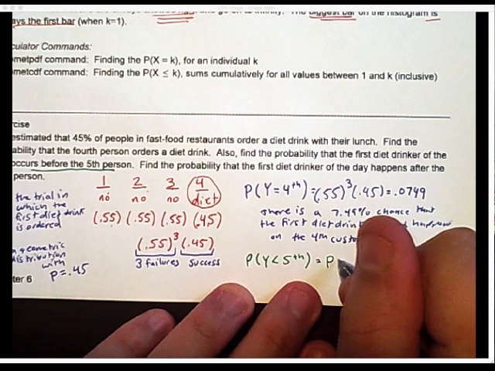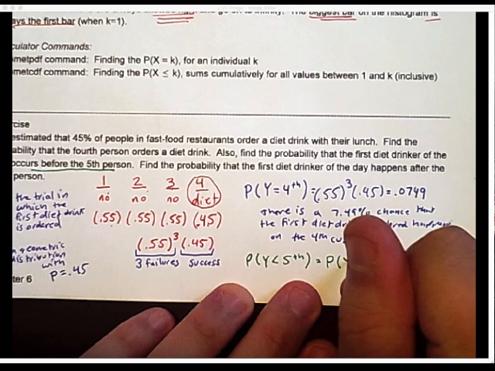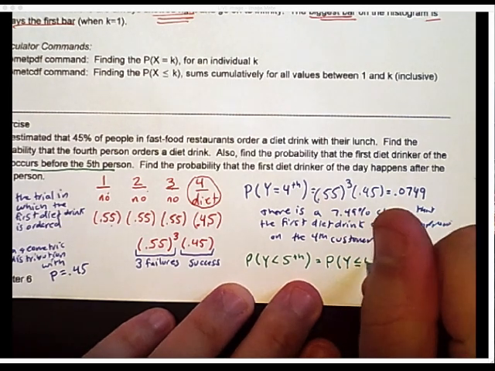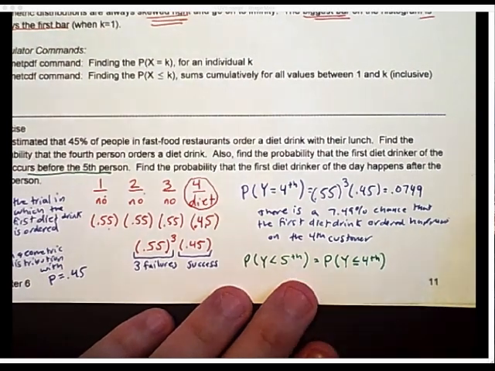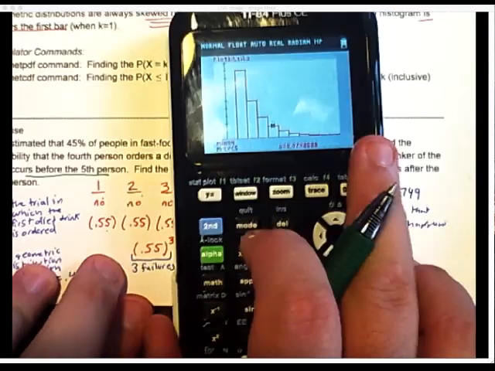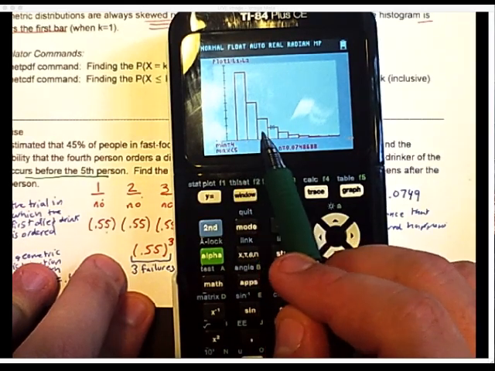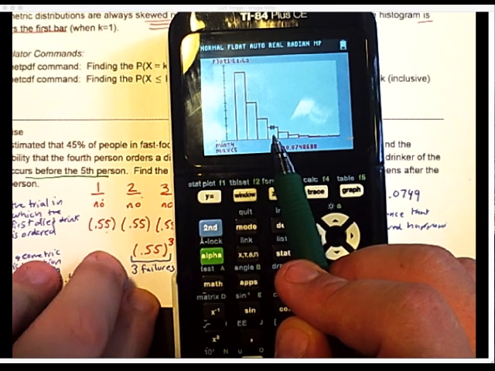Well, just like in binomial CDF, being less than 5 is equivalent to being less than or equal to the 4th. Right. So we can do this several ways. We can add up the heights of the first, second, third, and fourth bar.